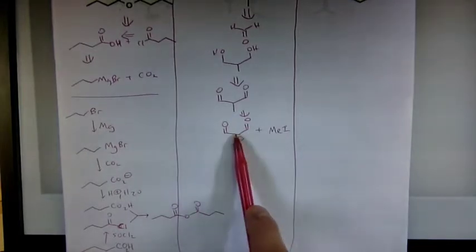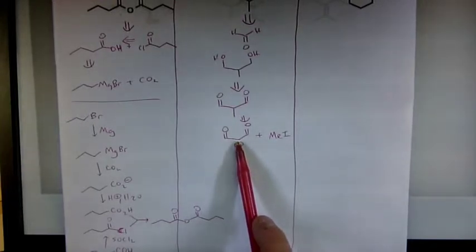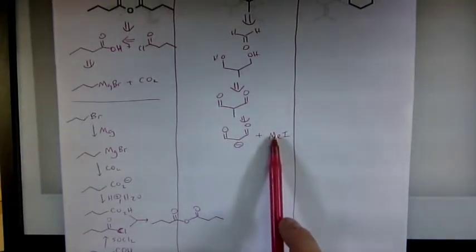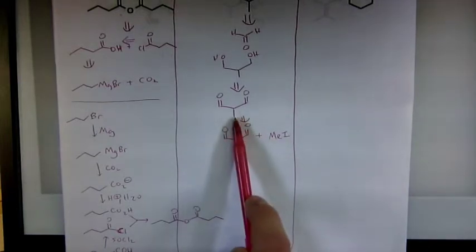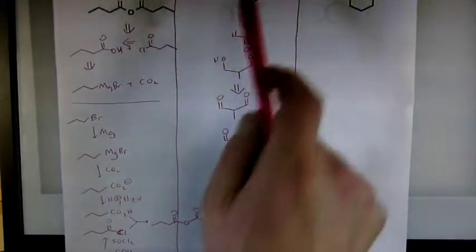So you start with this molecule, and then react it with methyl iodide to make this carbon-carbon bond. Then reduce it, then react it and protect that ketone to give you this.